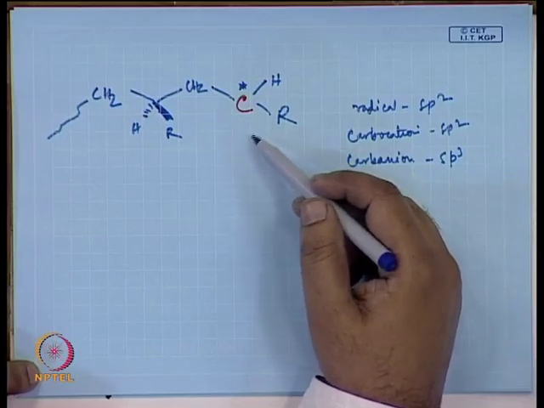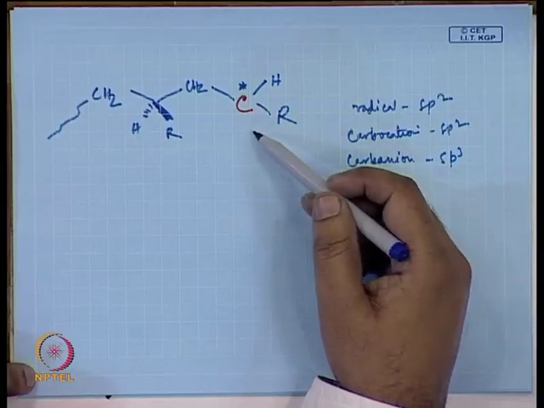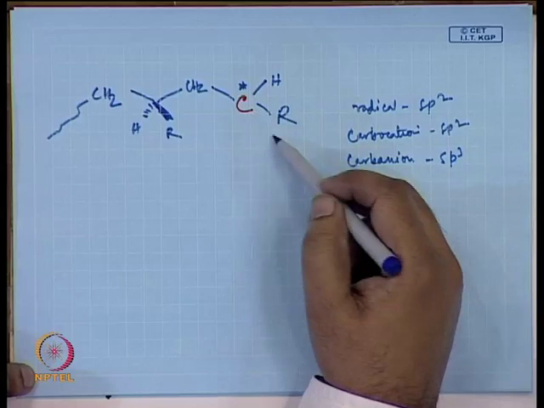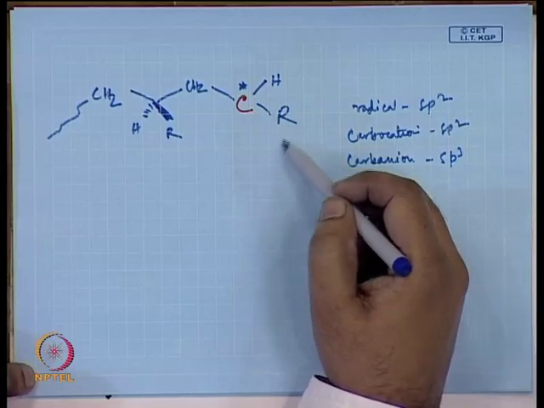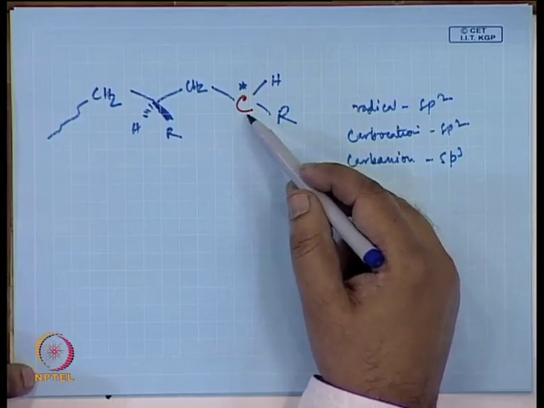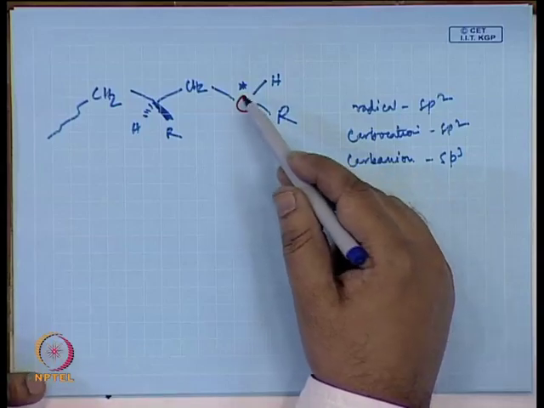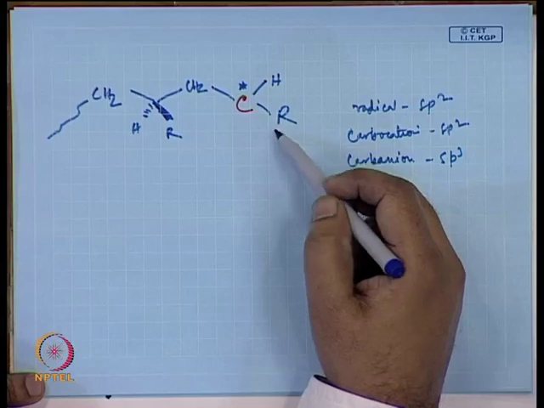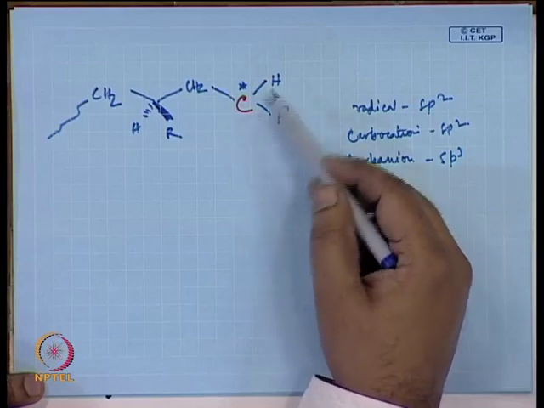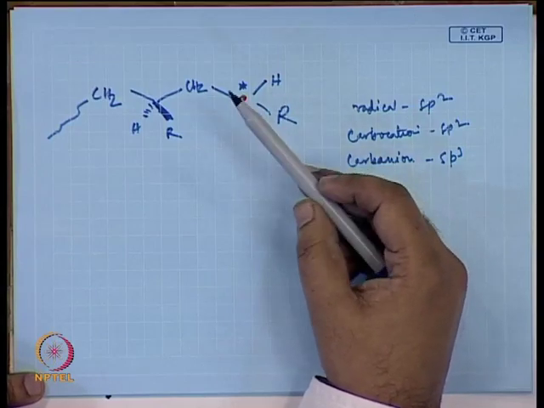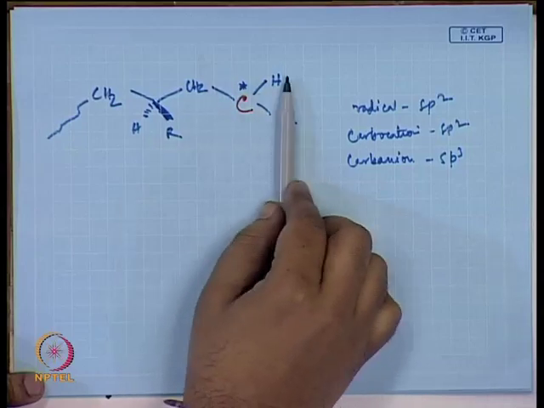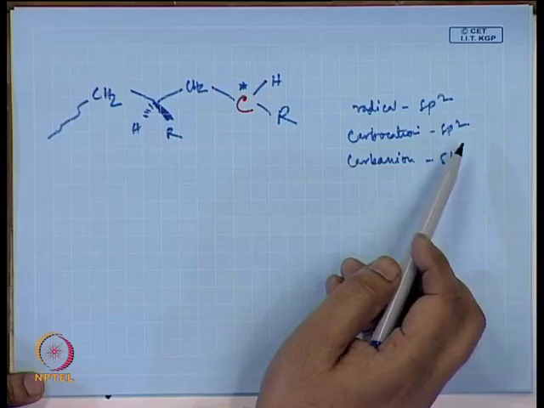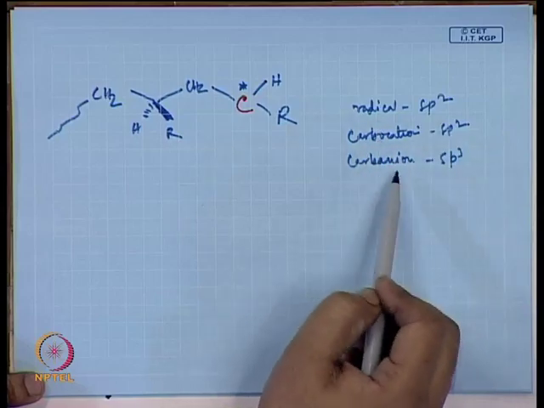If you remember acrylonitrile or methyl methacrylate, the anion charge gets delocalized by resonance with the substituent group, and this requirement of resonance makes the carbon planar. So, this carbon has a planar structure irrespective of whether it is a radical, carbocation, or carbanion.